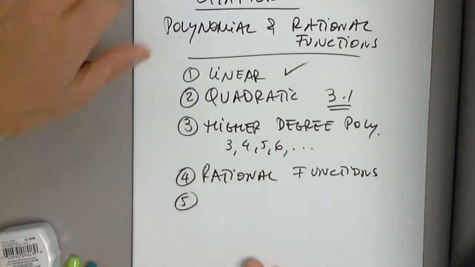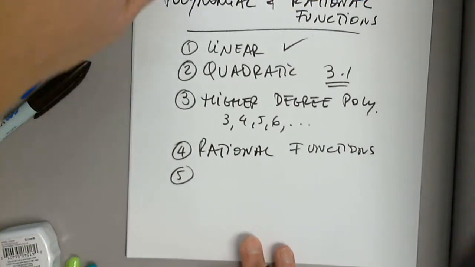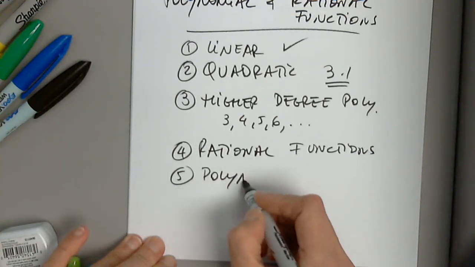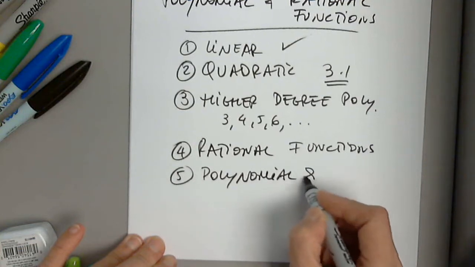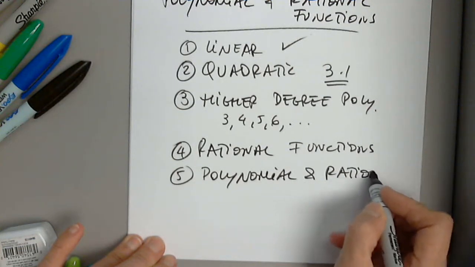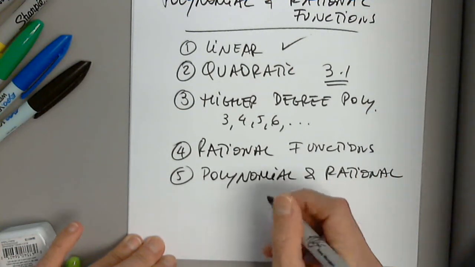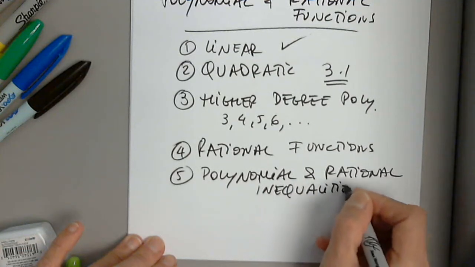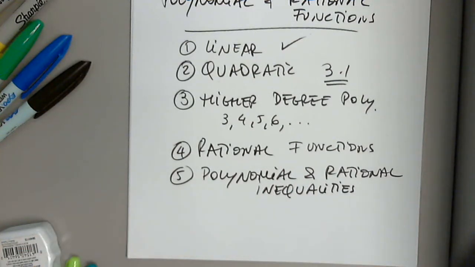And the last item from chapter 3, still a lot as I said, deals with inequalities that are not linear or absolute value, but polynomial and rational inequalities. This is what's ahead of us in chapter 3.